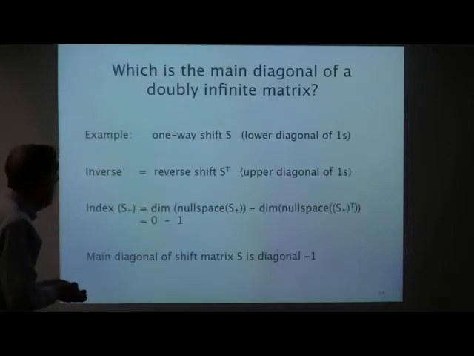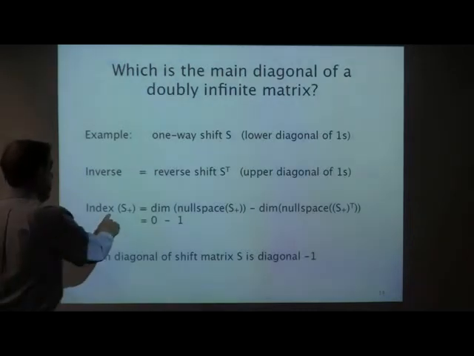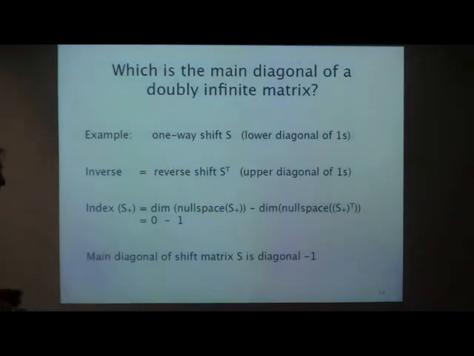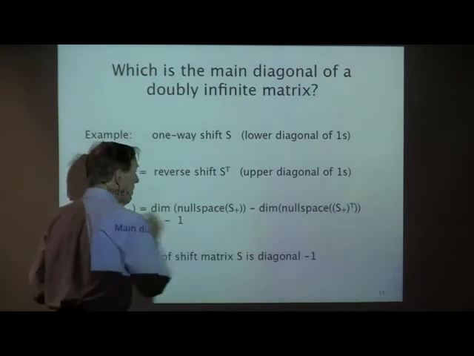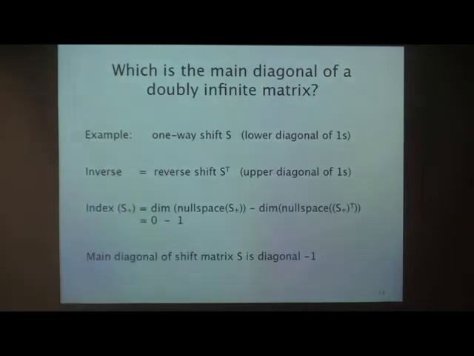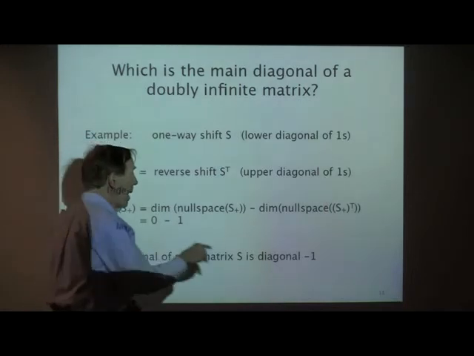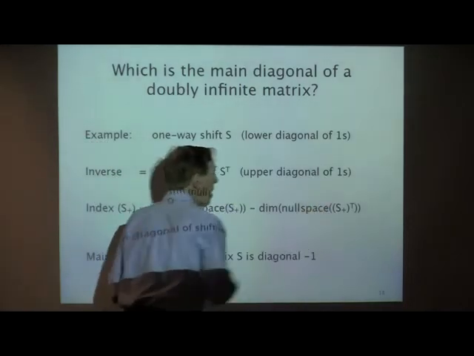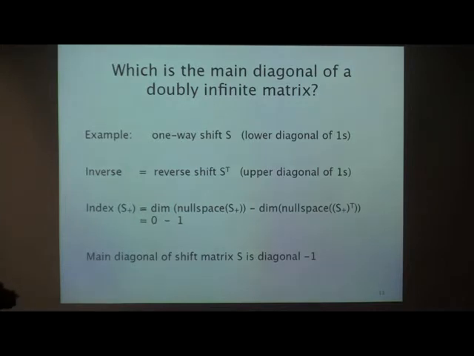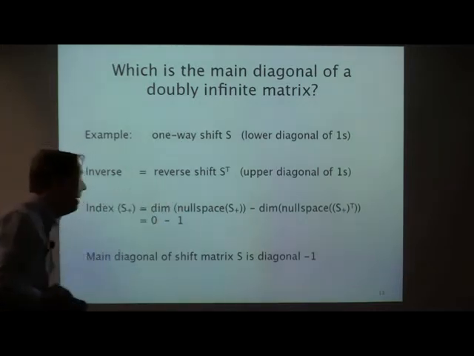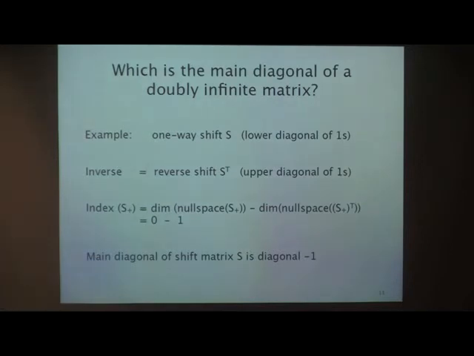The index of a matrix is the dimension of its null space, the number of solutions to Sx = 0, minus the dimension of the null space of the transpose, or the codimension of the range. That difference of dimensions is like the right thing.